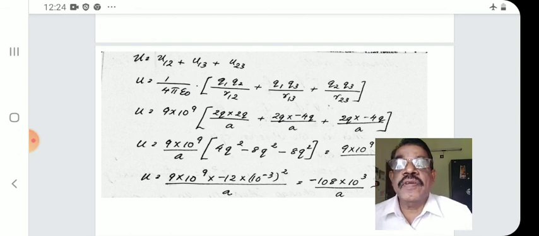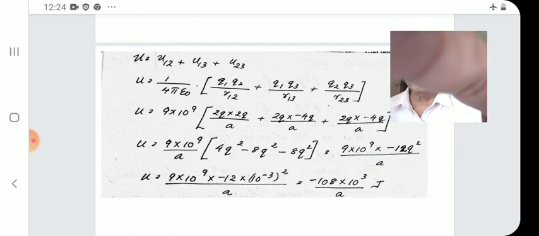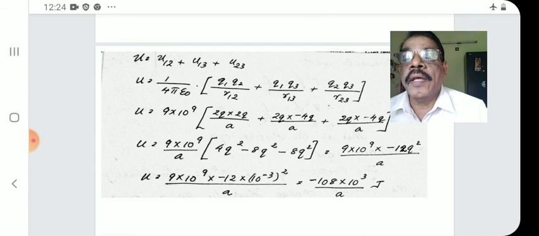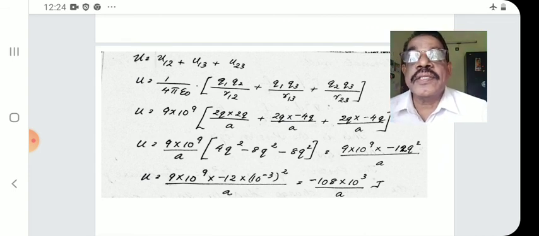Then inside the bracket we get 4Q square minus 8Q square minus 8Q square. That is, we get minus 12Q square.